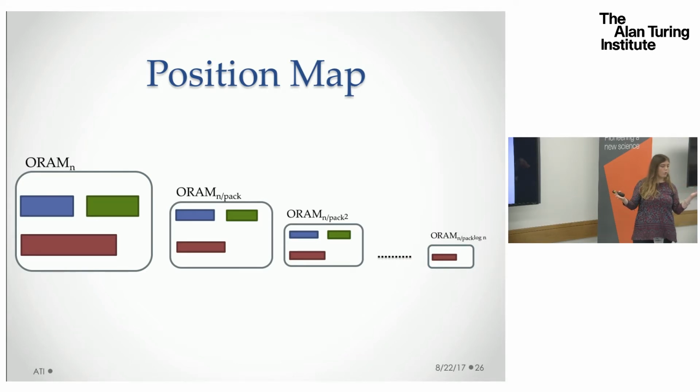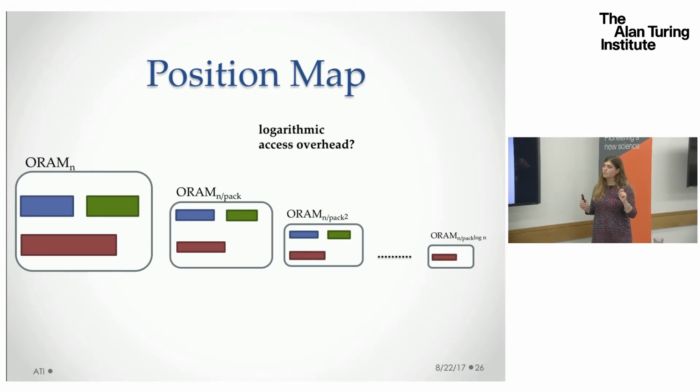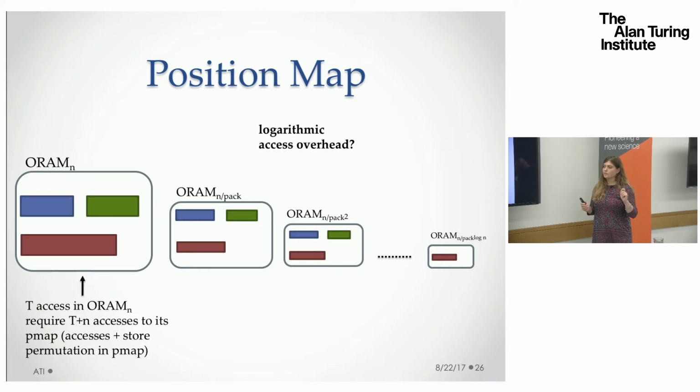And we were really hoping that because in the tree-based ORAMs you manage to get to polylog efficiency, we would also manage to get to polylog here. Unfortunately, this wasn't the case. The reason is that if you do the calculations, if you want to do t accesses in a particular ORAM, you have to pay t plus n accesses into your position map, where the little n comes from the fact that you need n accesses to initialize your position map in the beginning, if you want to count the initialization.